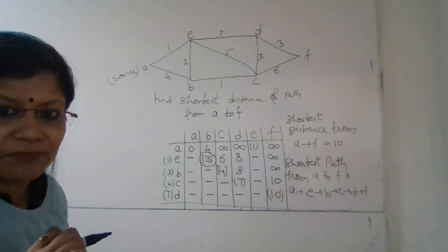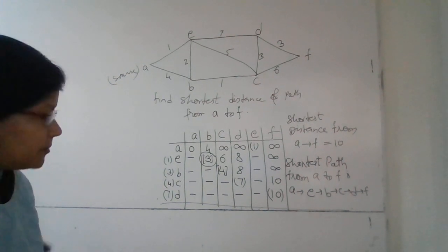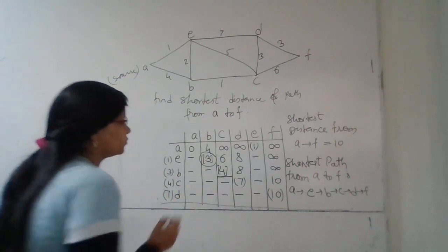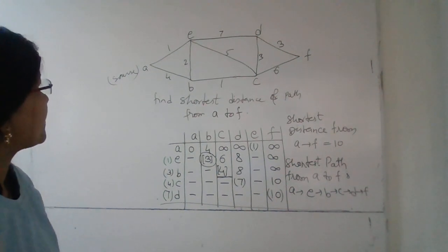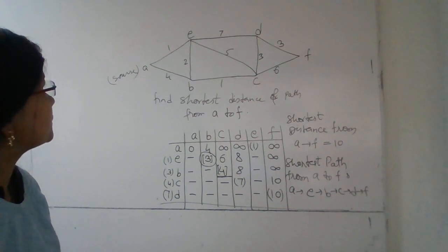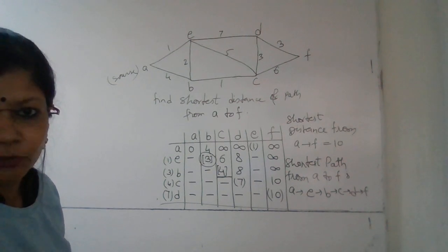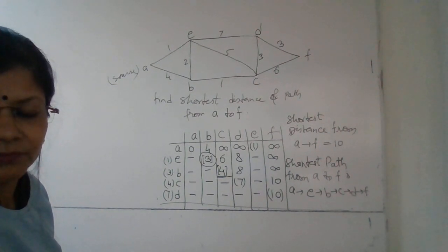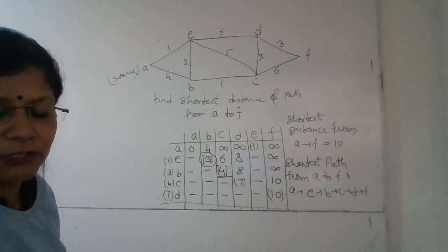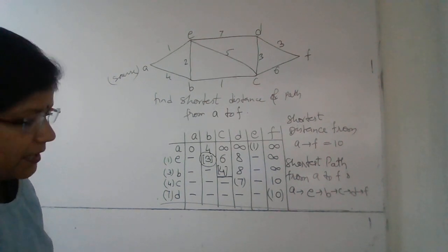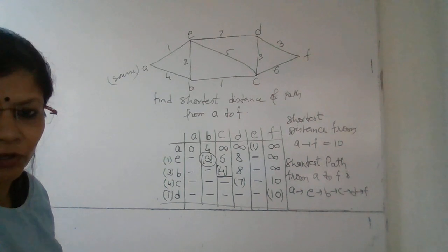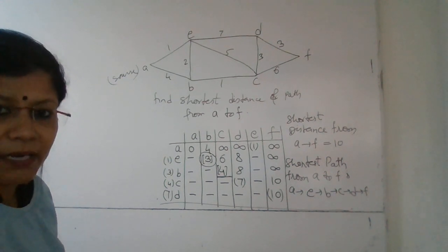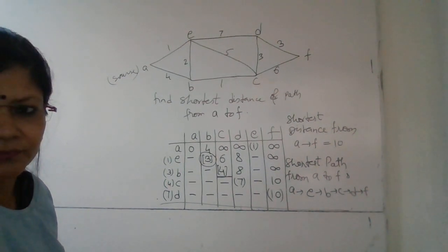Now the minimum distance from A to C. A to C minimum distance is 4: A to E, E to B and B to C. So from this method you can find the shortest distance from the source vertex to the remaining vertices.